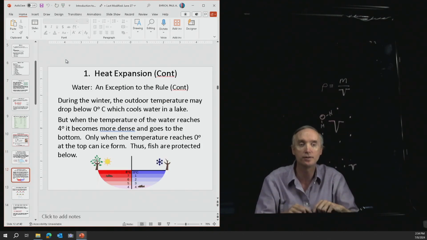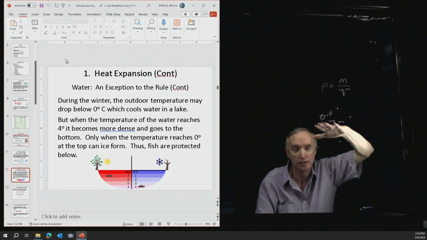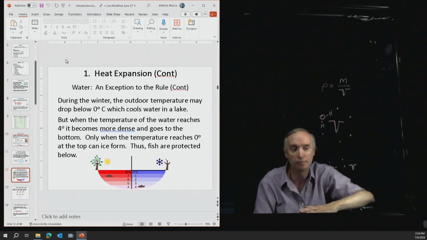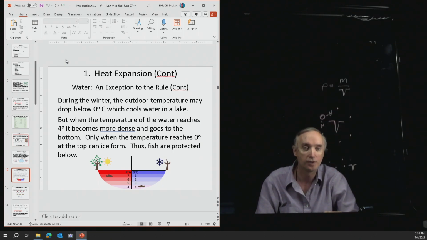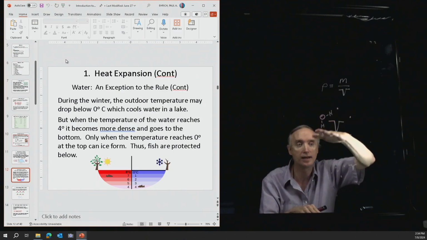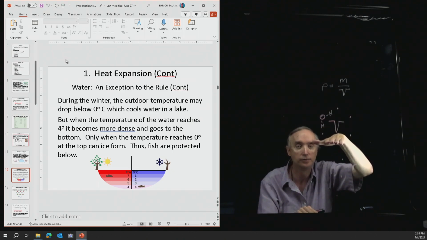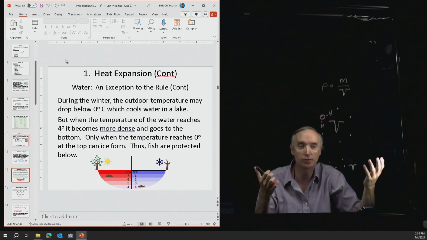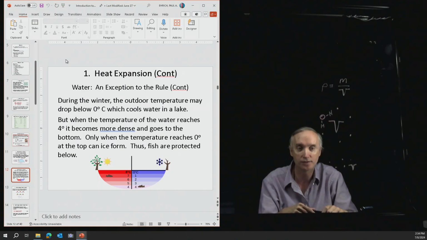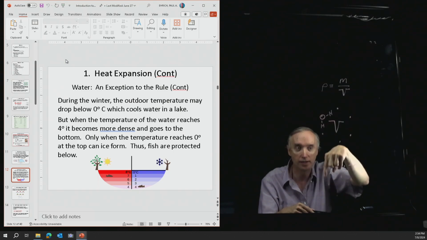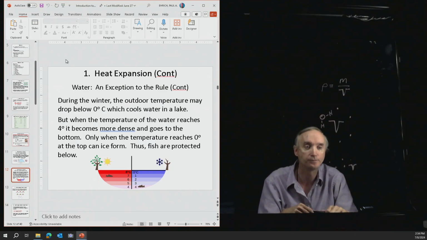So what will happen is that cold water is going to sink to the bottom of the lake. So that means that the water at the top of the lake now may be back up to 10 degrees Celsius because all of that cold water has gone down to the bottom of the lake.